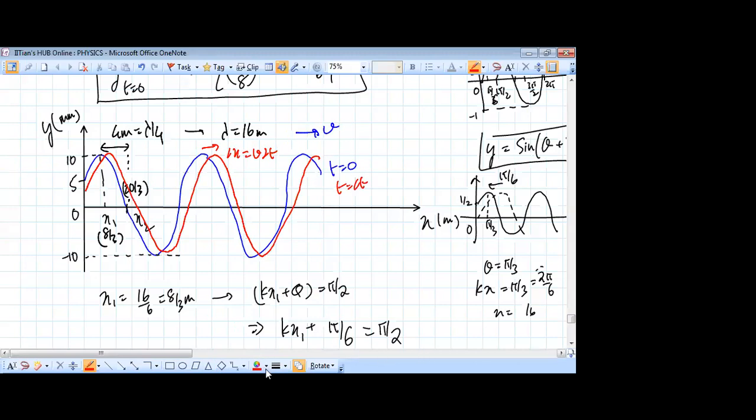But the interesting thing you will realize here is that at this point of time, the particle which is at the origin is going downwards. So the particle velocity should be downwards. Okay. Whereas some other particle like this one is on its way up. This particle was also on its way down. So by just analyzing how the wave is shifting, you can also analyze which particles are going down, whereas which particles are going up at a given instant of time.